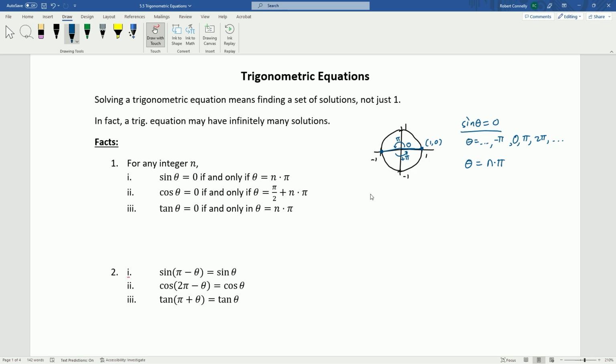Now, on the other hand, when we consider the question of cosine of theta being equal to 0, it's very similar. But the first angle where cosine is equal to 0 is at pi over 2.